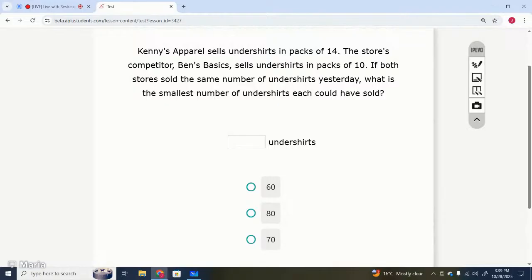Canny's Apparel sells undershirts in packs of 14. The store's competitor Ben's Basics sells undershirts in packs of 10. If both stores sold the same number of undershirts yesterday, what is the smallest number of undershirts each could have sold?